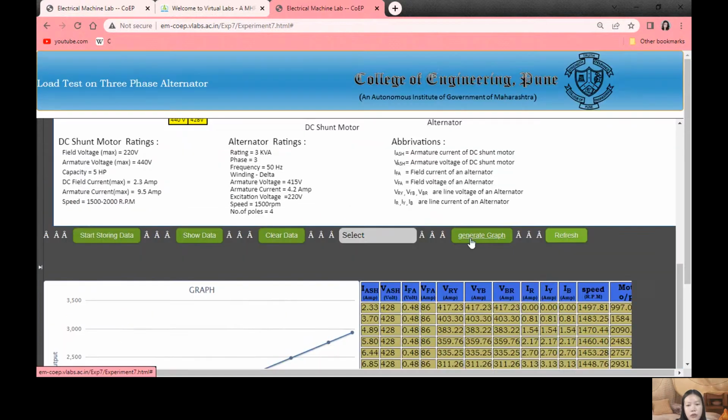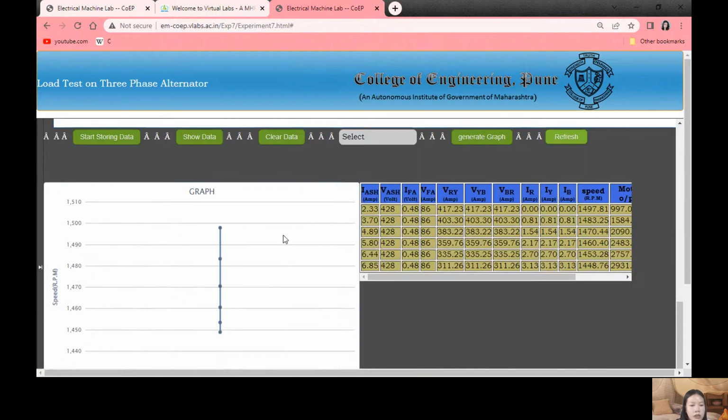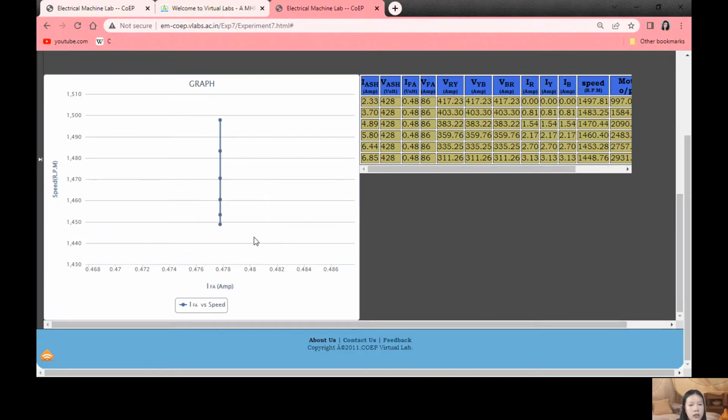Next natin is yung field current versus yung speed natin. So, habang yung field current natin is constant siya na 0.48, yung speed naman natin, nag-decrease. So, from 1,497.81 RPM, naging 1,448.76. So, nag-decrease siya by 50 RPM.